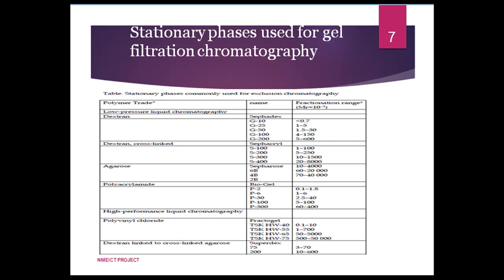When we want to use high performance liquid chromatography, the matrices will be different because they have to withstand high pressure when we use HPLC. Under that condition, we cannot use the same matrices that we have used in low pressure liquid chromatography. For instance, here we use polyvinyl chloride as Fractogel.